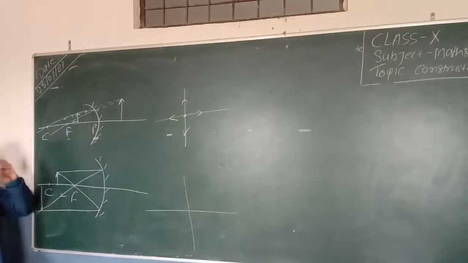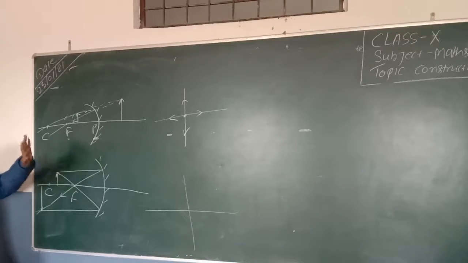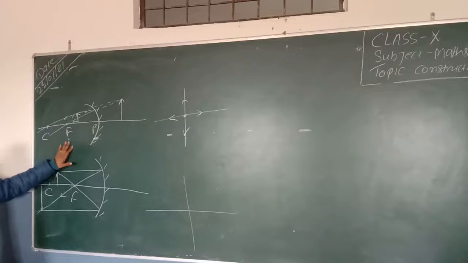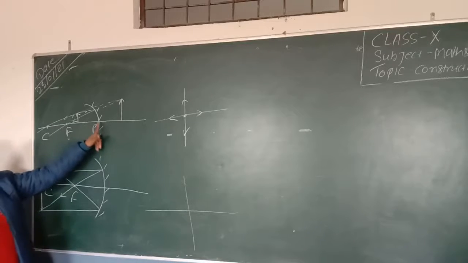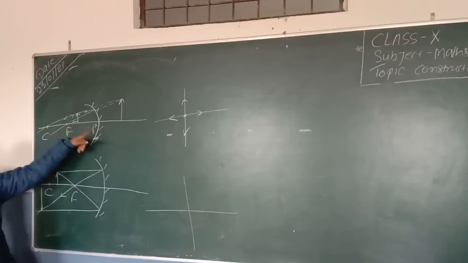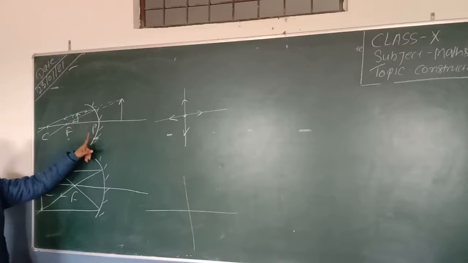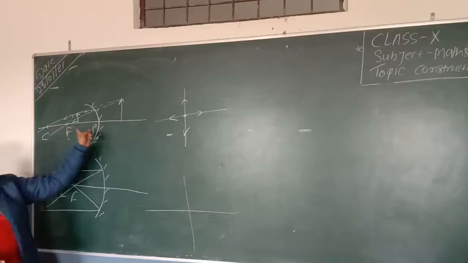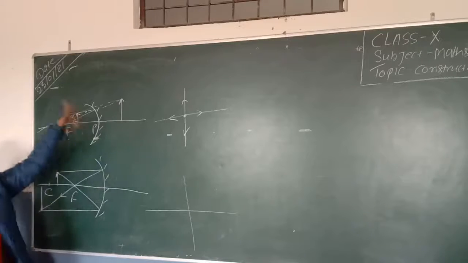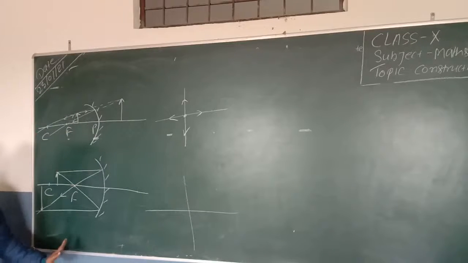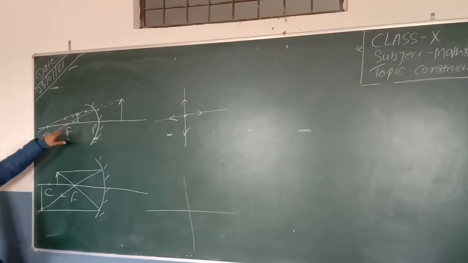So the same sign we use here in the case of mirror, convex or concave. Suppose you are measuring the distance towards this side from the pole, it should always be negative. And the distance you measure towards this side is always positive, upward positive, downward negative. So here we place the object only at this side.